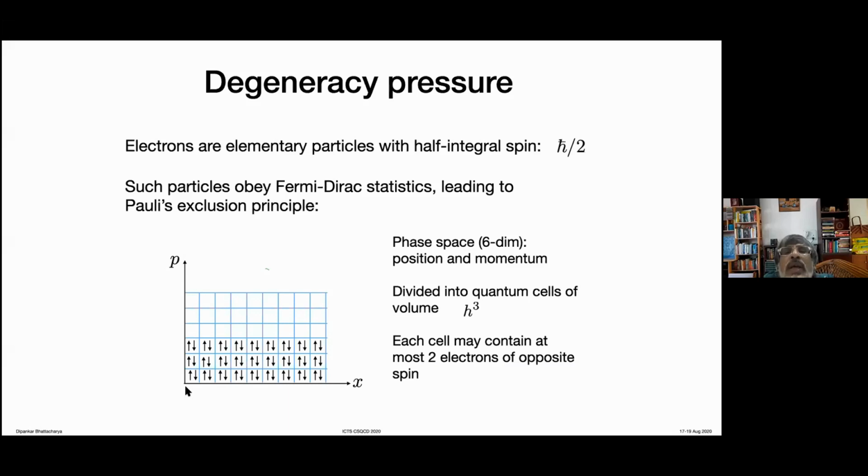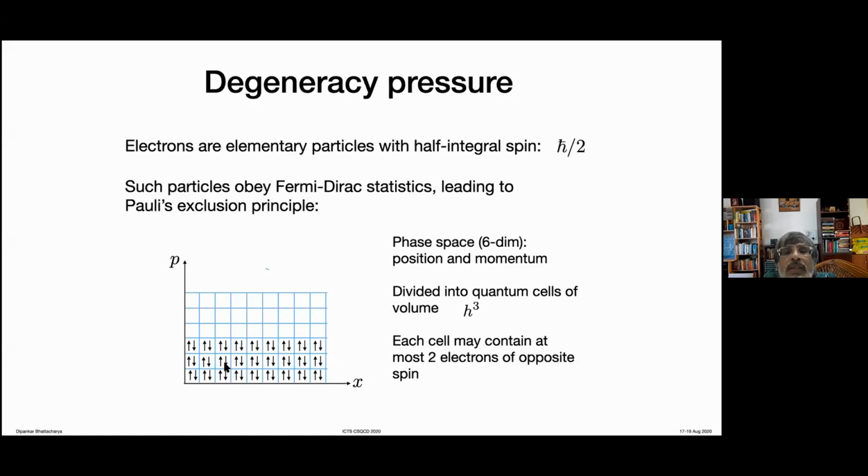So now if we have a certain number of electrons within this space, then I can stack it first by having the lowest momenta, and then when I have to put more electrons and I cannot exceed this distance x, because that's my confinement volume, I can only put them at a higher momentum, because I cannot pack more electrons into each of these cells.